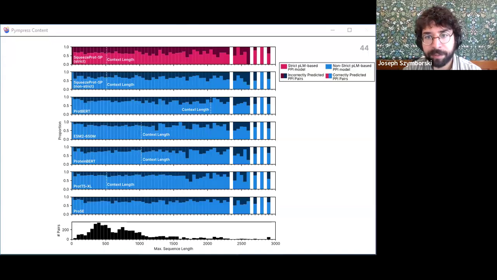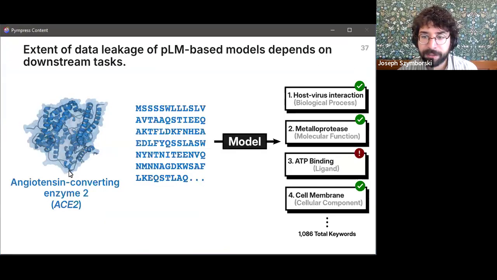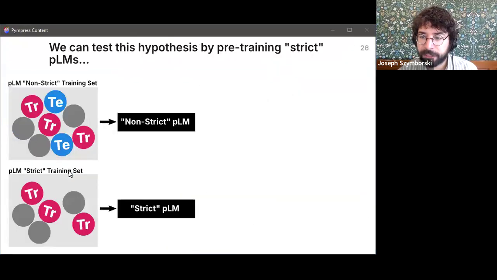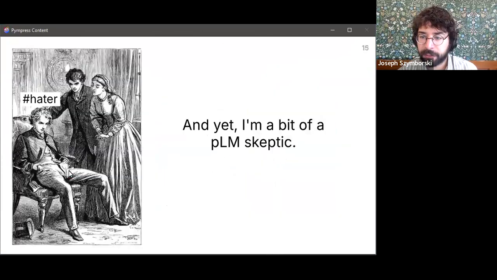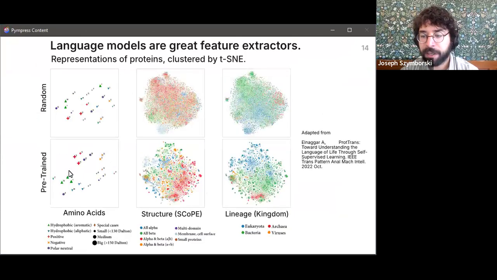People may be familiar with the BLOSUM matrices. People have tried to come up with something similar for amino acid sequences, at least on the basis of something you see in the ProtT5 chart here, where you have hydrophobic, aromatic, aliphatic, positive, negative, polar, neutral.